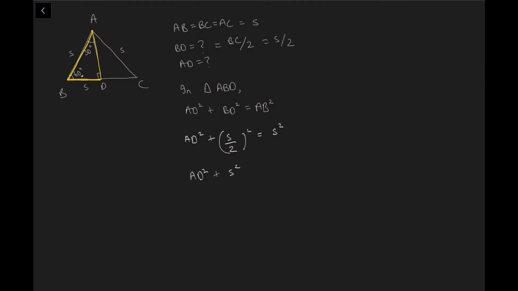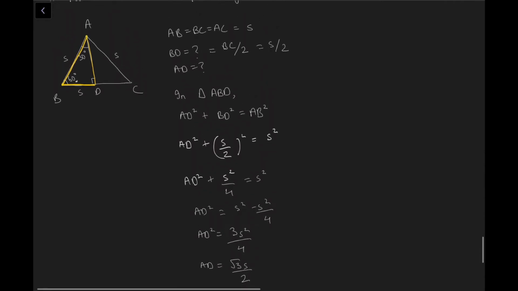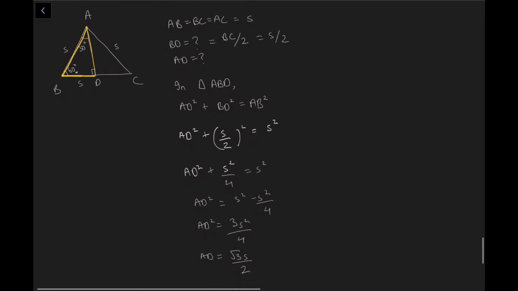So AD square plus S square by 4 is equal to S square, and AD square is equal to S square minus S square by 4. So AD square is equal to 3S square by 4, and therefore AD is equal to the root of 3S square by 4, which is root 3S by 2. So now we have all the sides of this triangle.